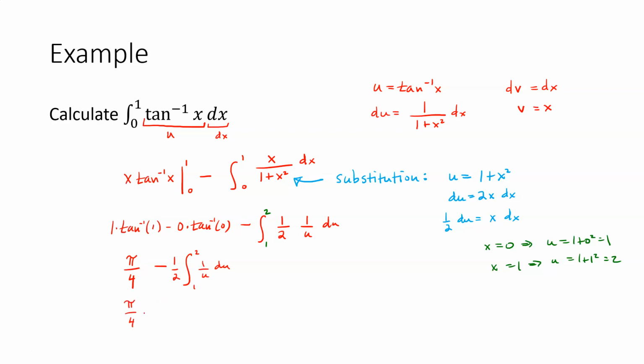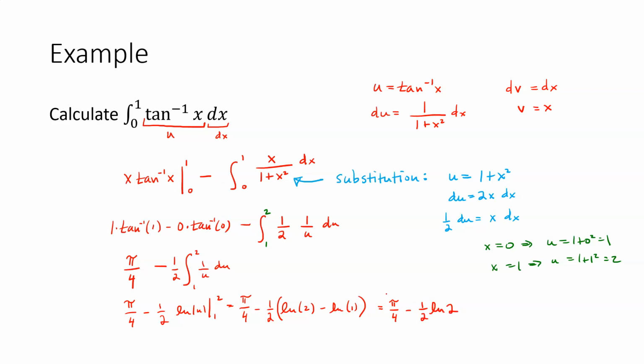So that'll be 1/2 ln of u evaluated from 1 to 2. So that'll be pi over 4 minus 1/2 ln of 2 minus ln of 1. Remember, ln of 1 is 0, so we're just left with pi over 4 minus 1/2 ln of 2.